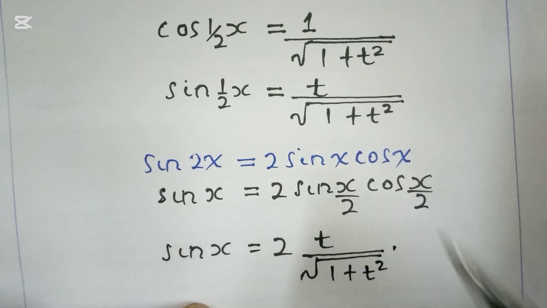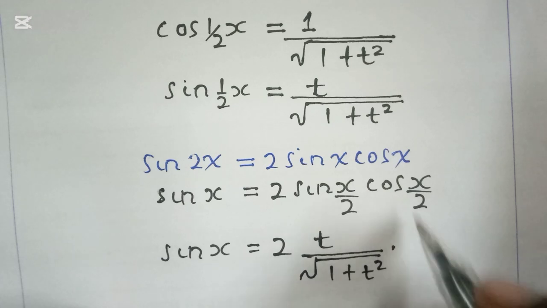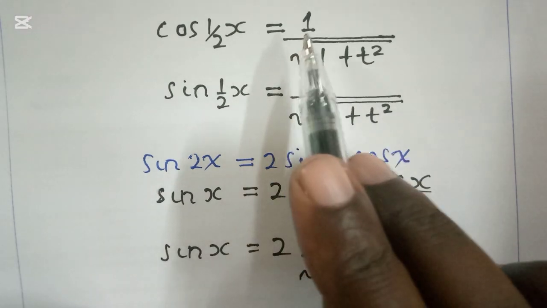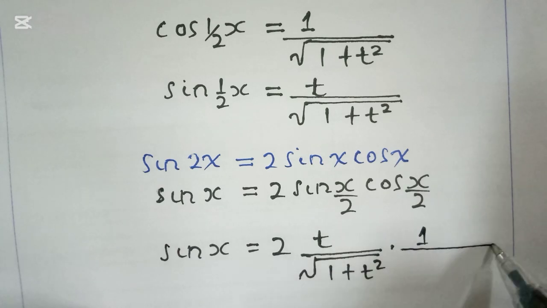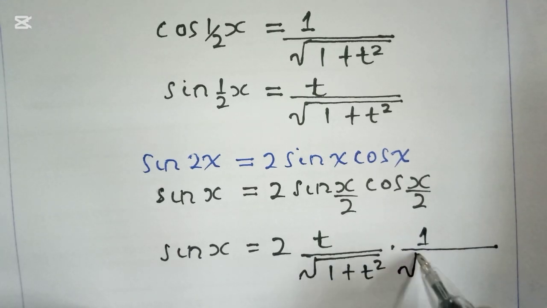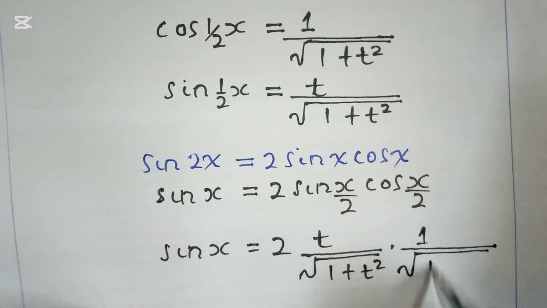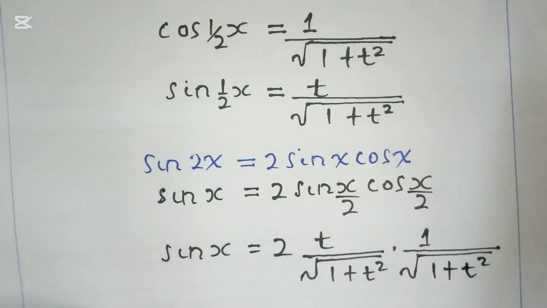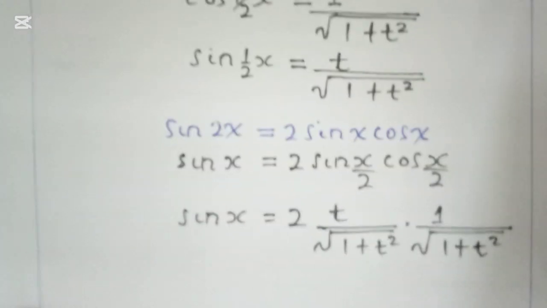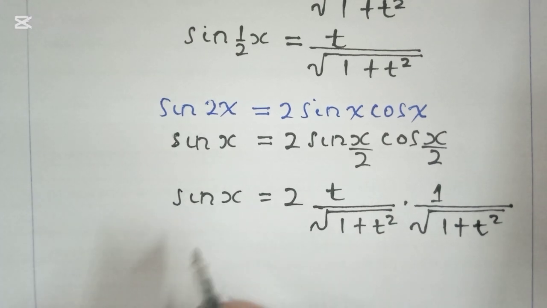We multiply that by cos x over 2 in terms of t, that is 1 all over the square root of 1 plus t squared, like that. And so guys, we are going to find something like this.